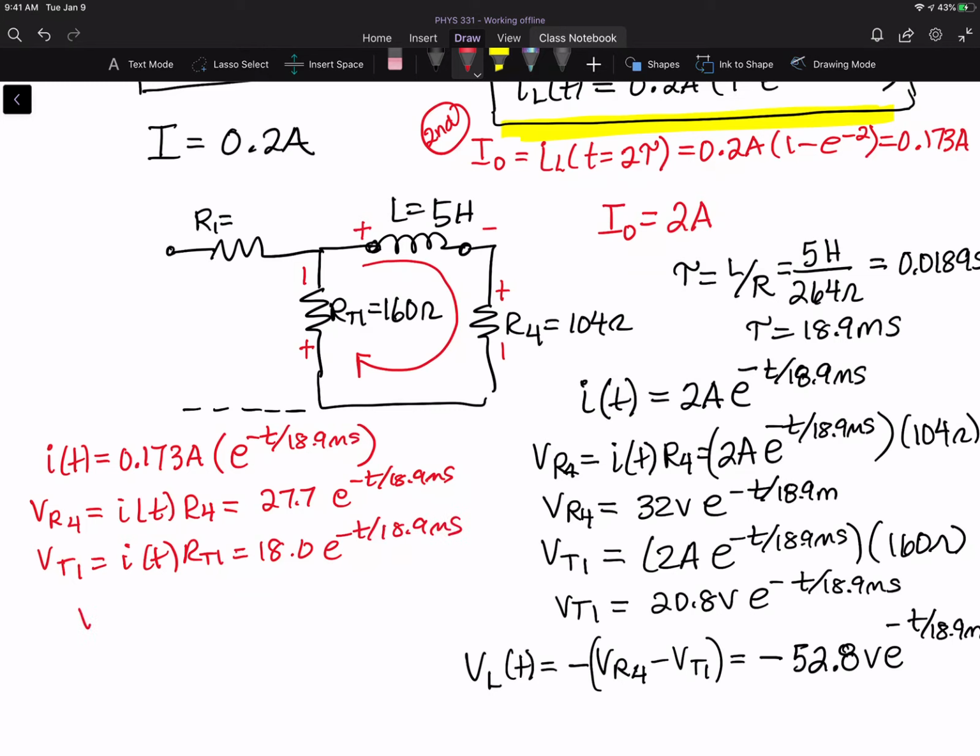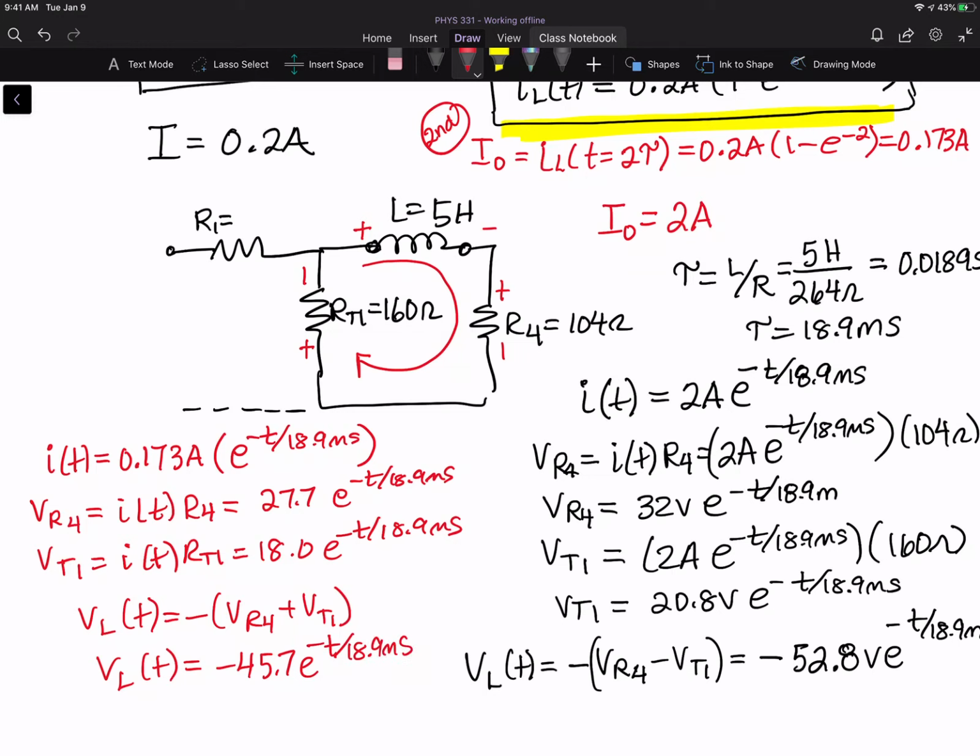And I stopped there for a minute because I realized that I wrote something incorrect earlier. So I'm just going to fix it on here. So the voltage across the inductor then, of course, is just negative both of those voltage values across the resistors added together. So this is minus 45.7 e to the minus t over 18.9 milliseconds.